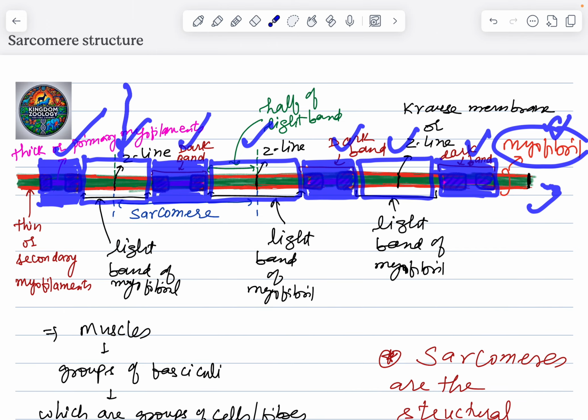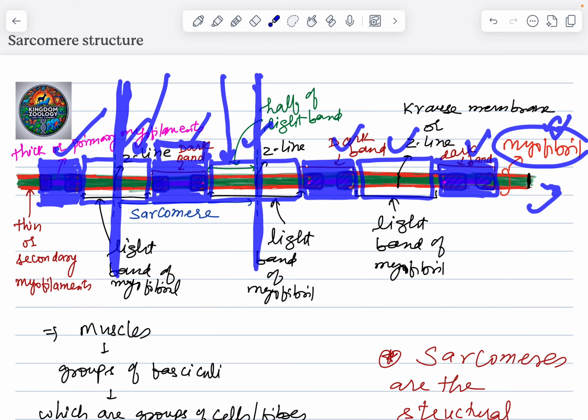So when I'm drawing the structure of one sarcomere, understand this here now. How much portion of the I band is this? Half. How much portion of the I band is this? Half. And how much of the dark band is there in one sarcomere? One complete full. And you can notice why this portion of the sarcomere is light? Because there is only one type of protein here, secondary.